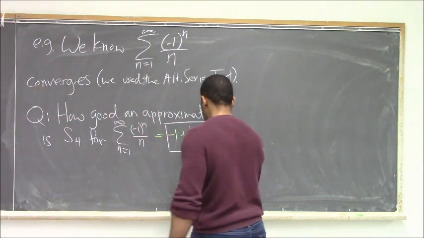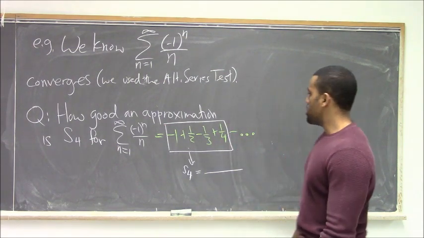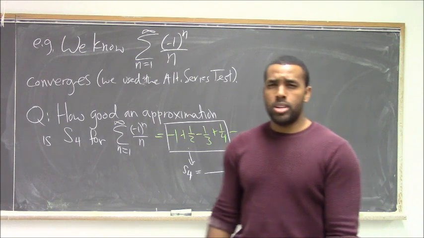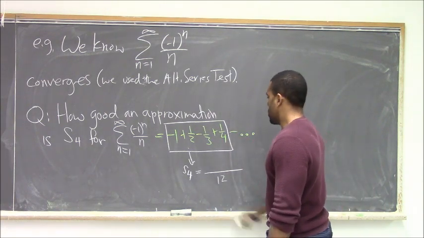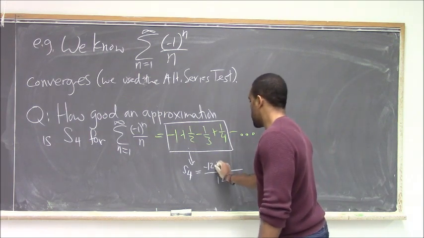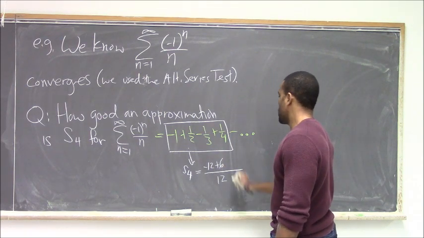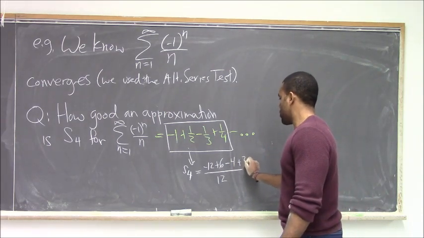Now, what is that going to actually look like? Let's actually do this. So S4 would be, the common denominator is 12. So -1 minus 12 over 12 plus 6 over 12 minus 4 over 12 plus 3 over 12.